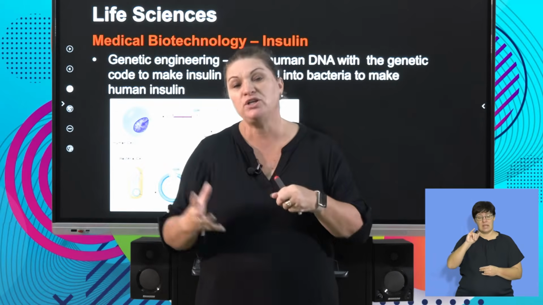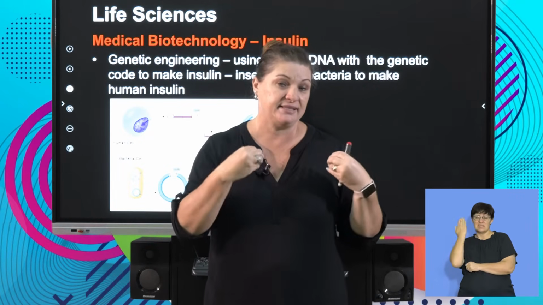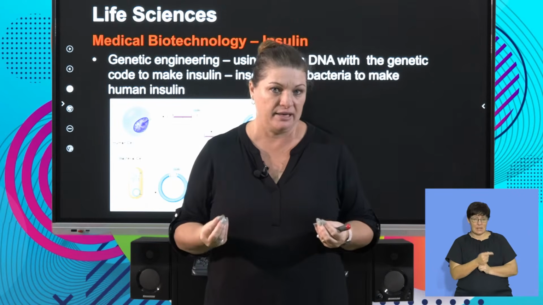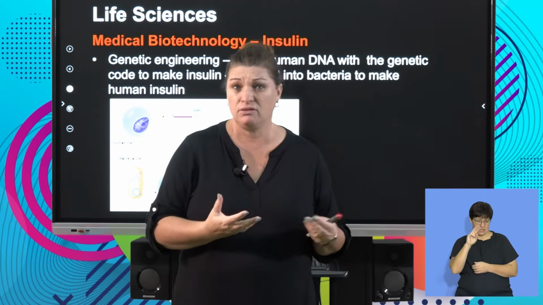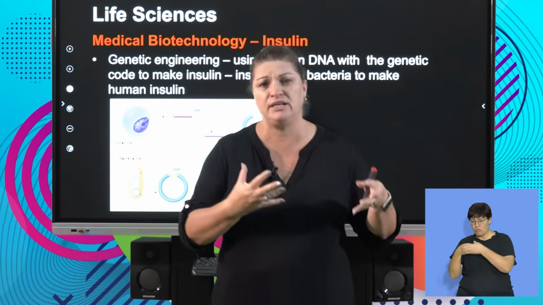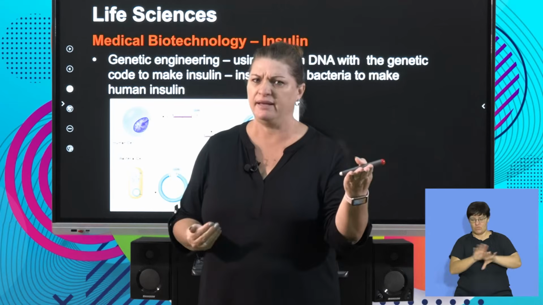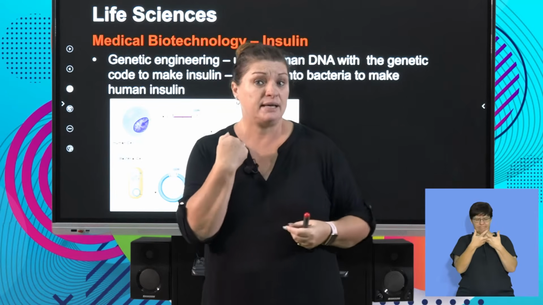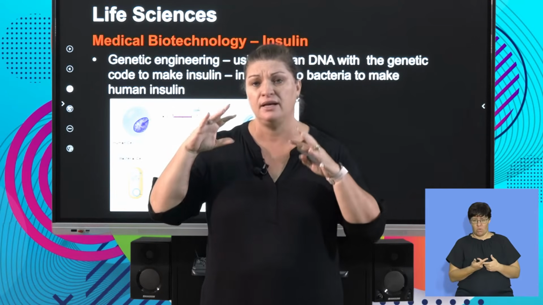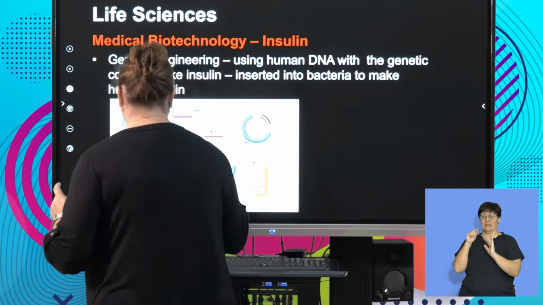And what used to happen quite a few years ago, people who were diabetics had to use pig insulin. And as you can imagine, for certain groups, races, religions, pig products are a no-go. Plus also it's a pig and it's a human, so they might not be compatible. So somebody taking the pig insulin might have an adverse reaction. So have a look at what happens over here.